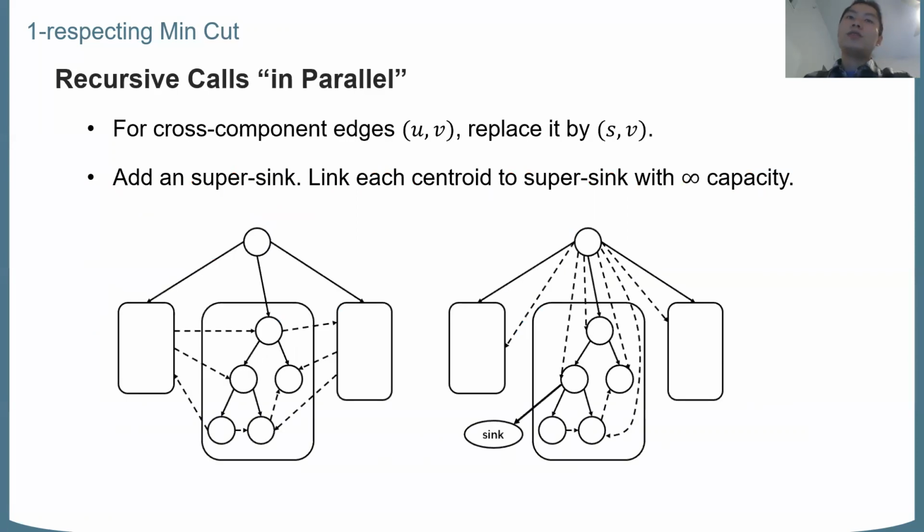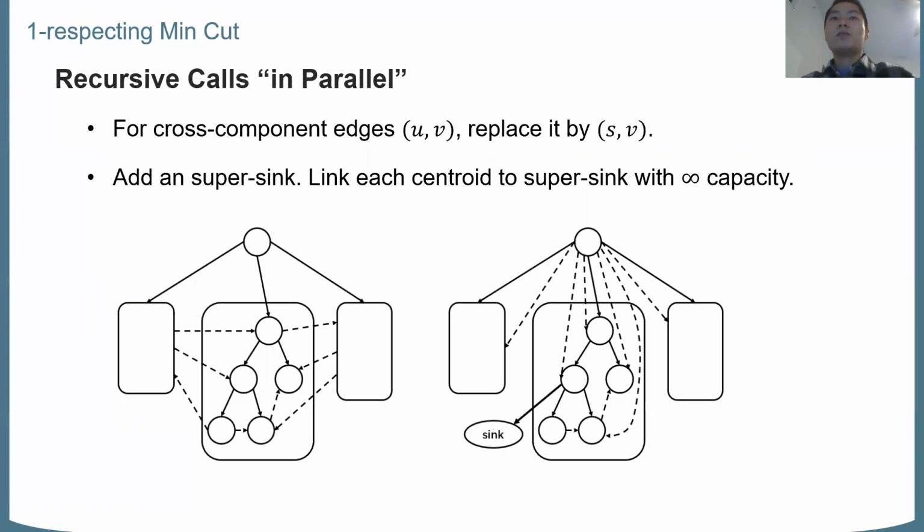So how do we run the recursive calls in parallel? In this figure, assume the rectangles are different components and we want to run a max flow from S to the centroid of each component.